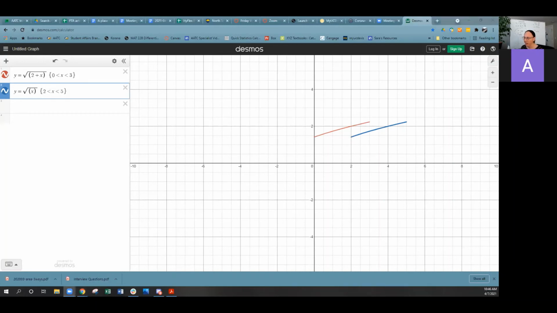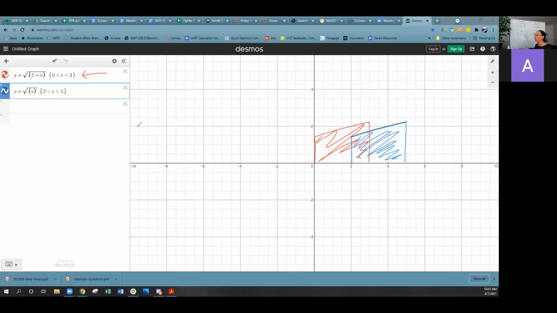So if I think about the area from 0 to 3 underneath this guy, we get exactly the same shape as if we were doing the area from 2 to 5 under this one.